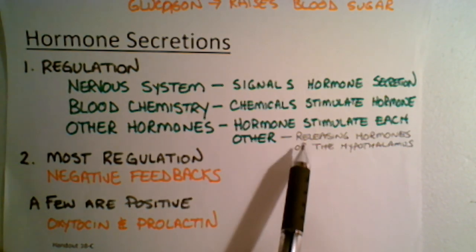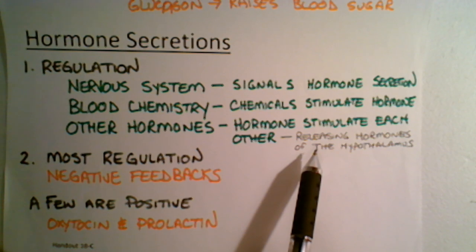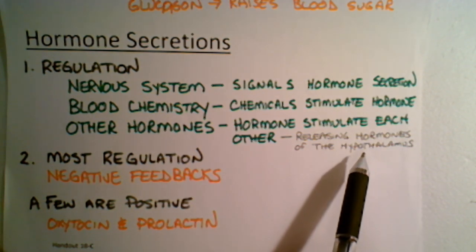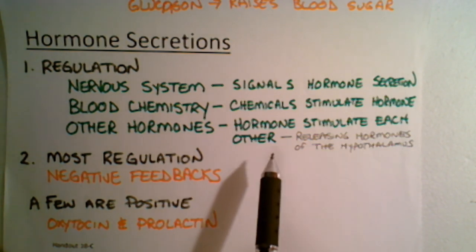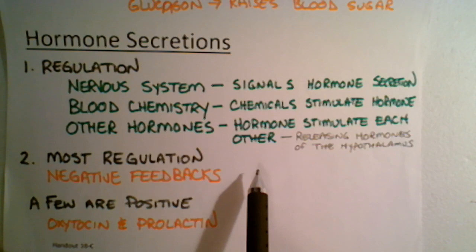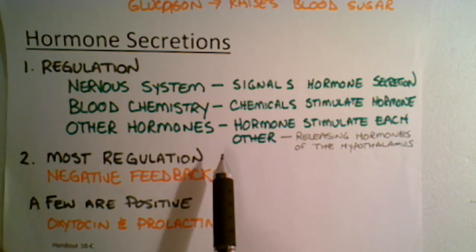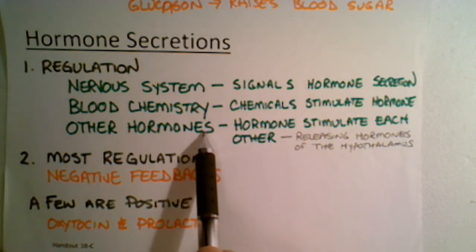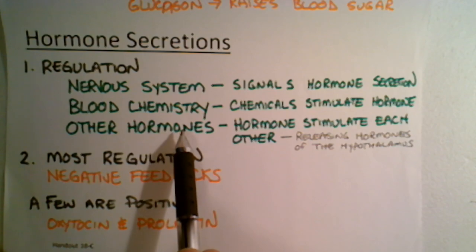So, the one that just pops in my head is prolactin. So we have prolactin releasing hormone in the hypothalamus that tells the pituitary gland to release prolactin, and then prolactin goes through our bloodstream to produce milk. That is a good example of how more than one hormone can activate others.